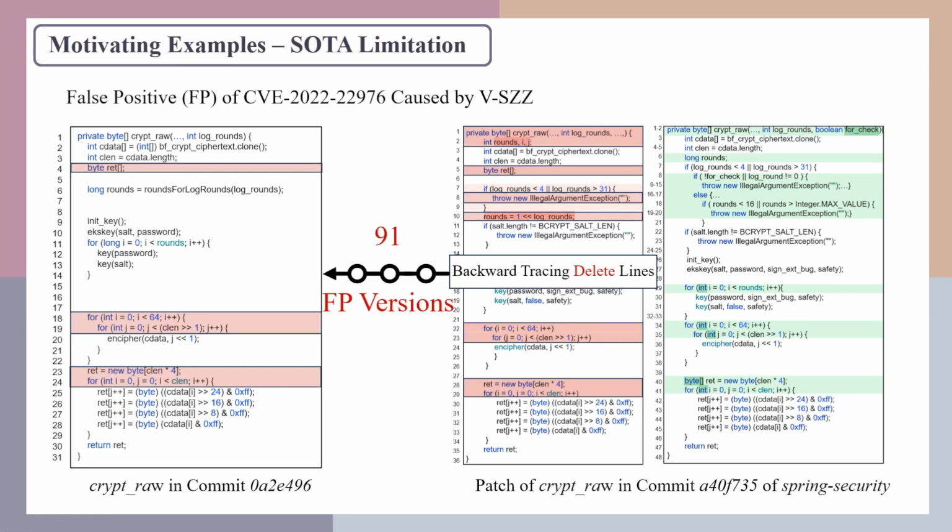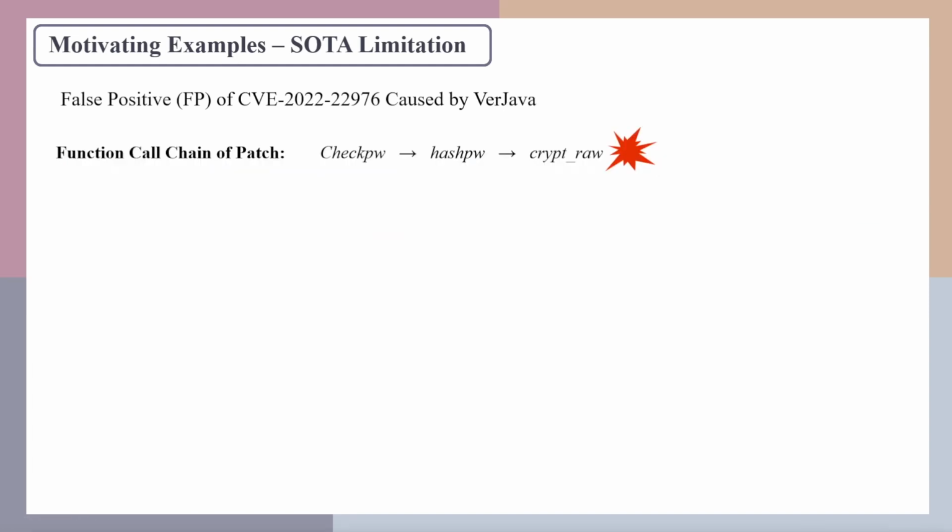Another limitation is that it cannot deal with a patch with only added lines, because it depends on git blame to trace the deleted lines and overlooks the fixed features, which can cause false negatives.